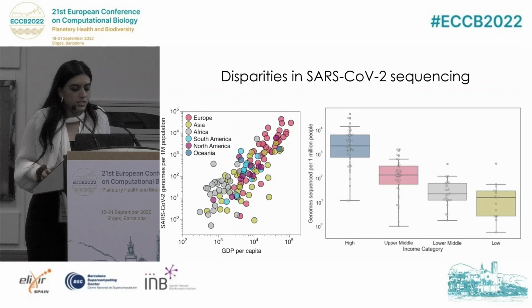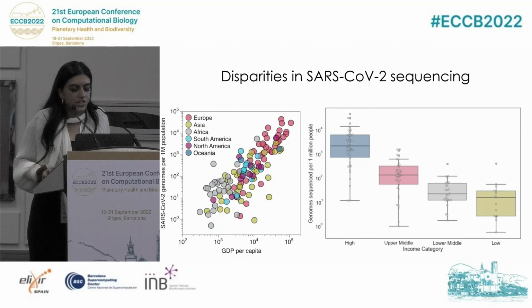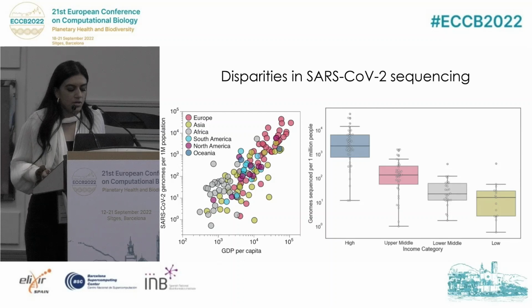Based on our analysis, we found that there were indeed disparities in SARS-CoV-2 sequencing and that sequences are not collected evenly throughout the world. Gross domestic product, or GDP per capita, measures the economic output of a nation per person. The countries with the higher GDP per capita sequenced 100 times more on average than countries with the lower GDP per capita.